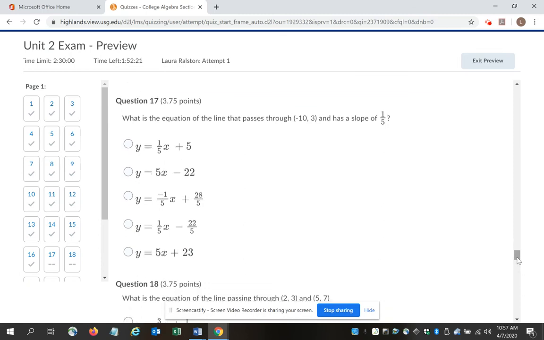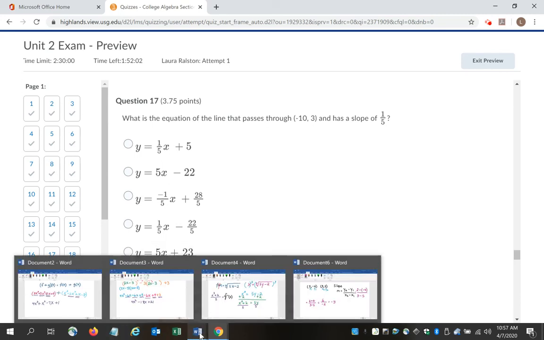All right, then question 17 asks you to write the equation of the line that passes through -10, 3 and has a slope of 1/5. So now we're into the questions where it's asking you to write the equation of a line.